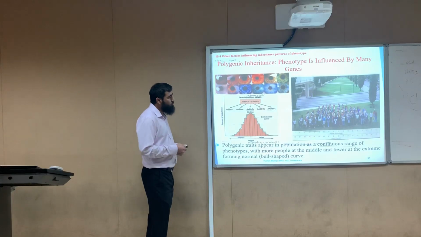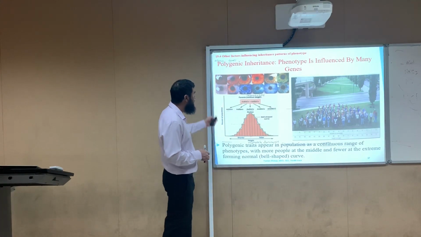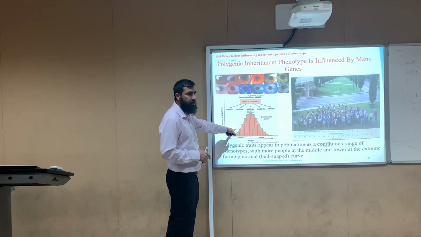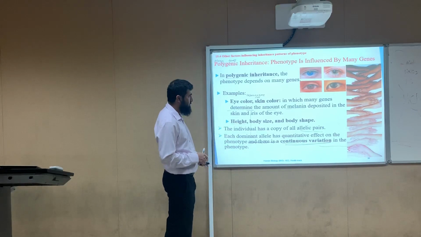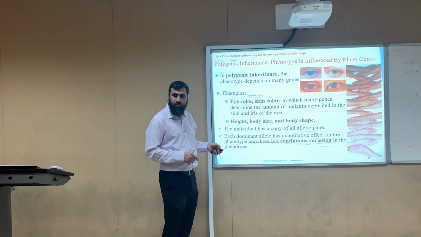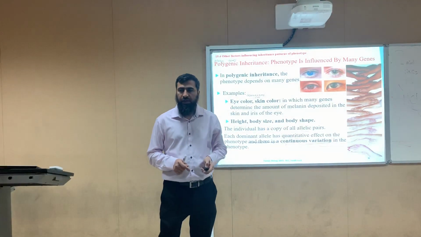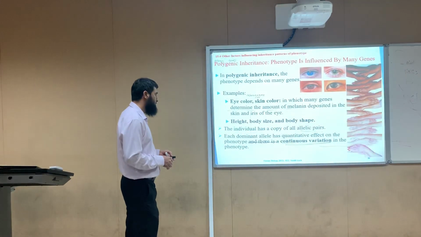So we see that as a continuous range. You see it in the eye color, in the height, and also in the skin color. The trait that you see in between the two, the heterozygous, is showing incomplete dominance, okay?